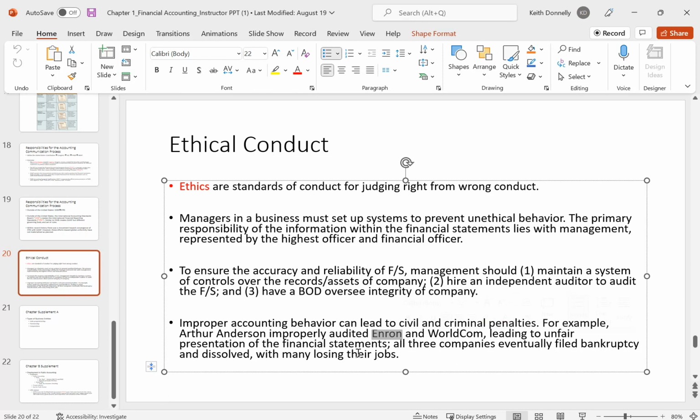They weren't giving us all the information. So one thing that came from Enron was that management is ultimately responsible for the financial statements. And now if a CEO or a CFO of a big company signs off, they can get in big trouble, potentially go to jail, if there are misleading items in those financial statements.